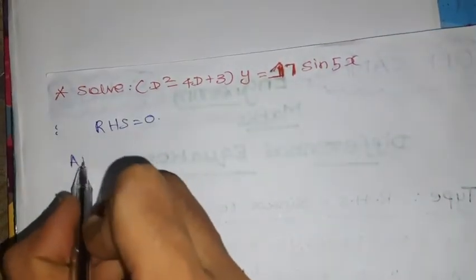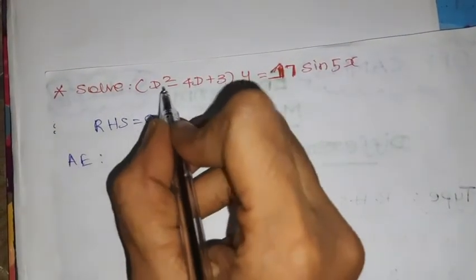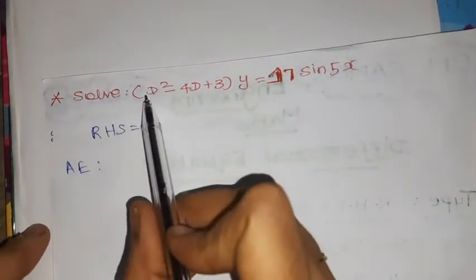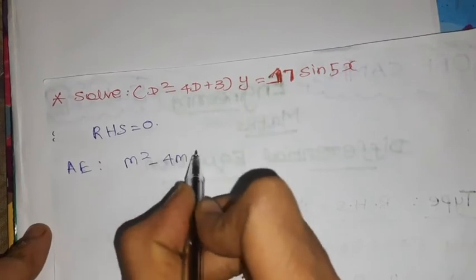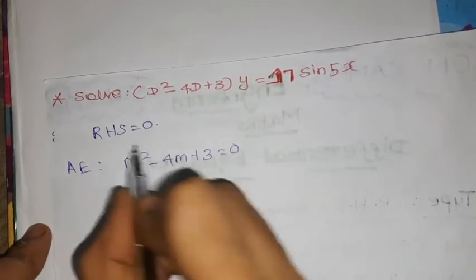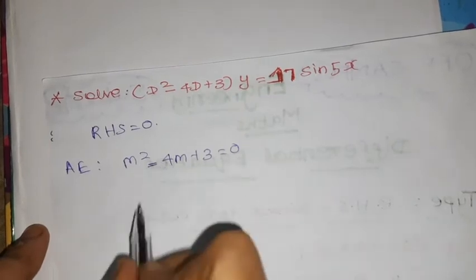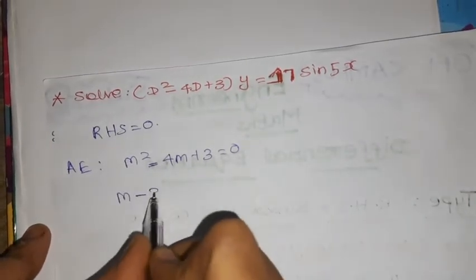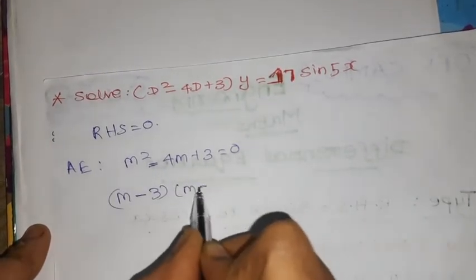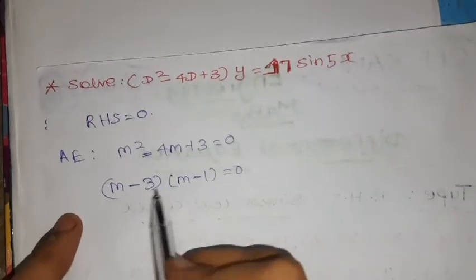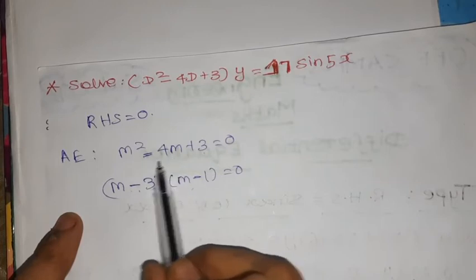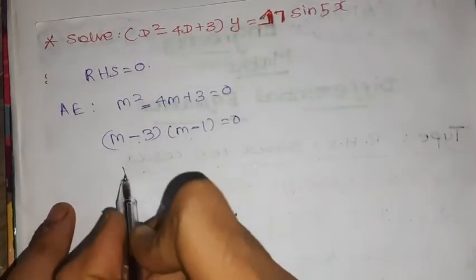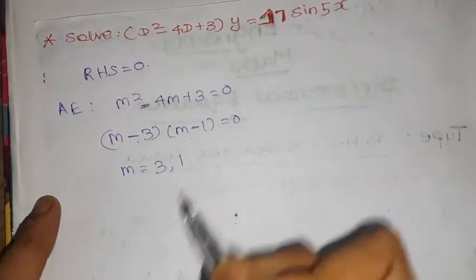Then we need to form the auxiliary equation. How to form it? Just replace D by m: m squared minus 4m plus 3 equal to 0. Then find the factors. Minus 3 into minus 1 is plus 3, and minus 3 minus 1 gives minus 4. So what are the roots? m equal to 3, 1.